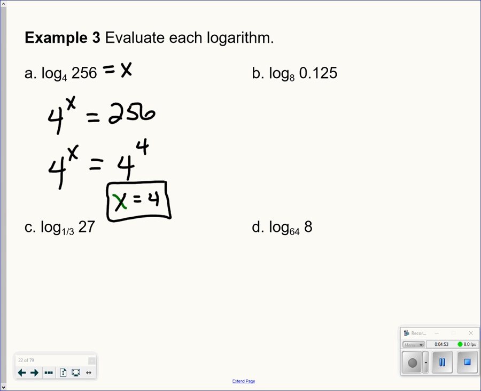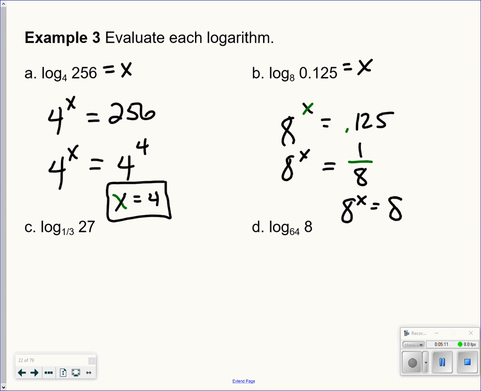Now, this one's a little bit more complicated. How in the world am I going to do 0.125? Well, as a fraction, 0.125 is 1/8. An eighth can also be written as 8 to the negative first power. All I did was change that value to get the same base.